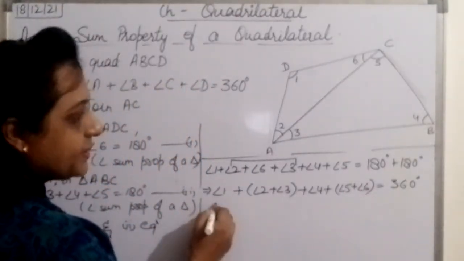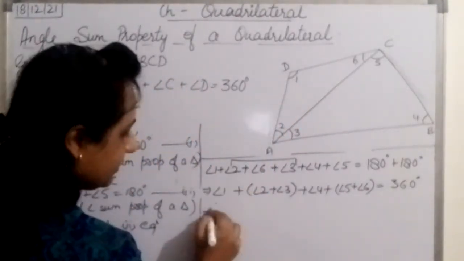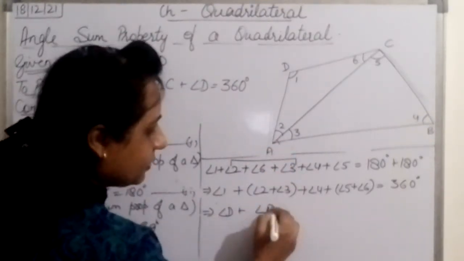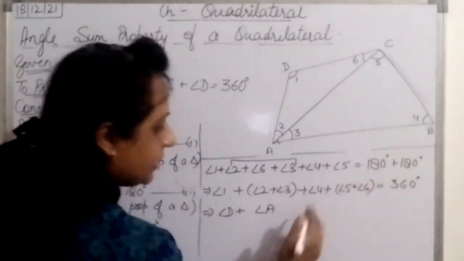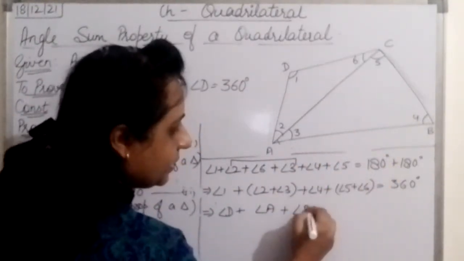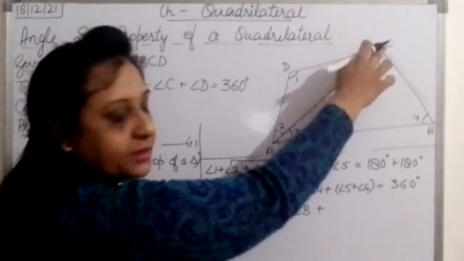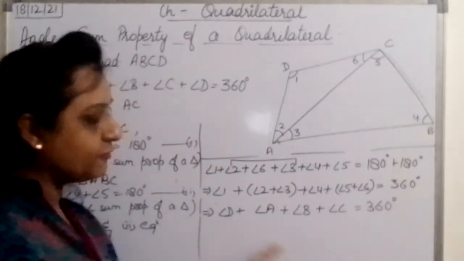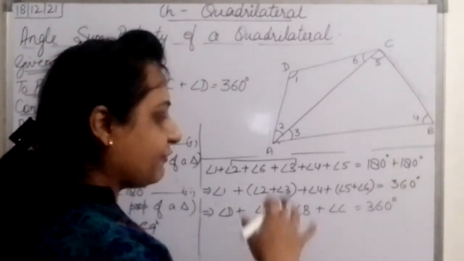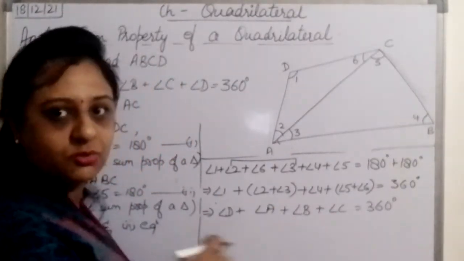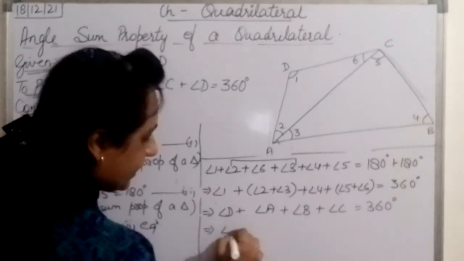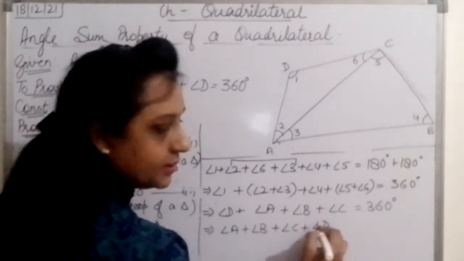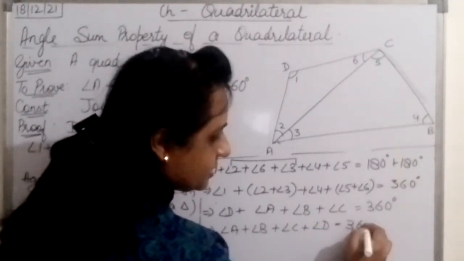Now in place of angle 1, I am writing angle D. In place of angle 2 and 3, I am writing angle A because they form angle A. In place of angle 4, I am writing angle B, and for 5 and 6, I am writing angle C. In this way, we get the sum of all four angles equal to 360 degrees. In the final step, I arrange all the angles in sequential order, so it becomes angle A plus angle B plus angle C plus angle D is equal to 360 degrees.